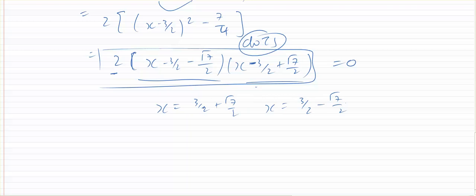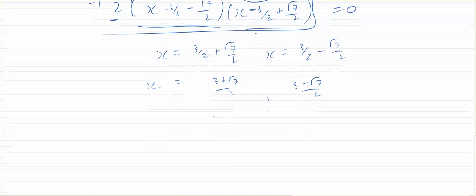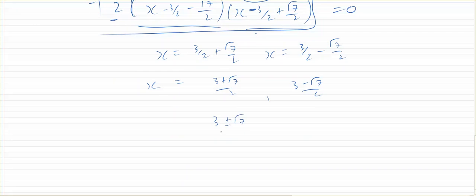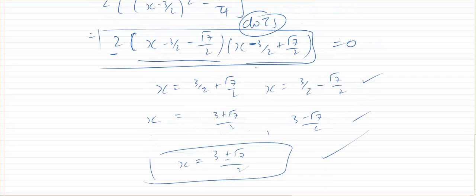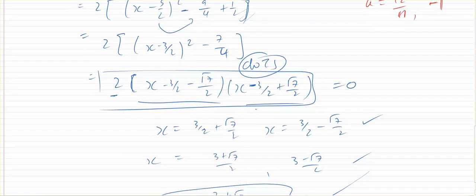Now you can be very fancy and go x equals 3 plus root 7 on 2 and 3 minus root 7 on 2. Some people like to write 3 plus or minus root 7 on 2. It doesn't matter, whatever you write, these 3 versions are correct. I'm just not sure which one the book writes.